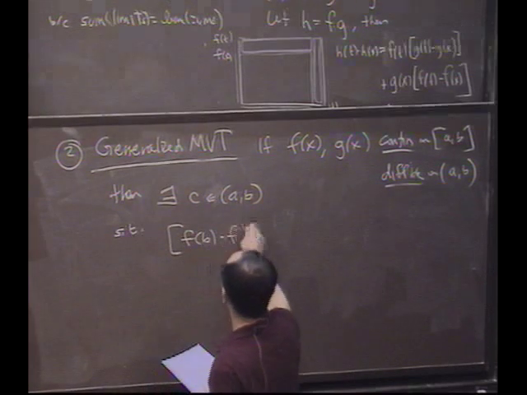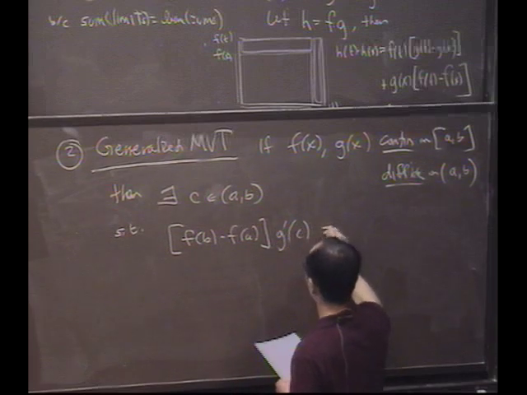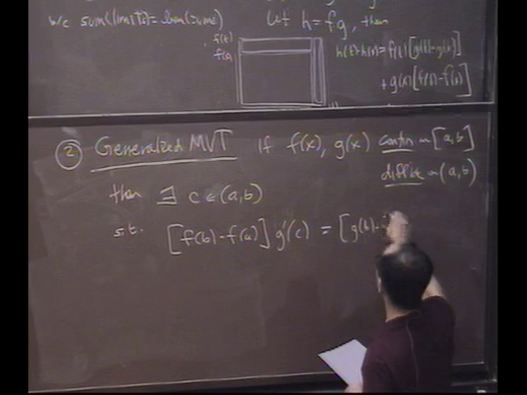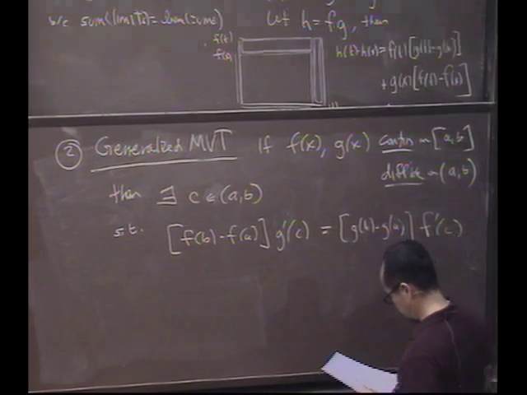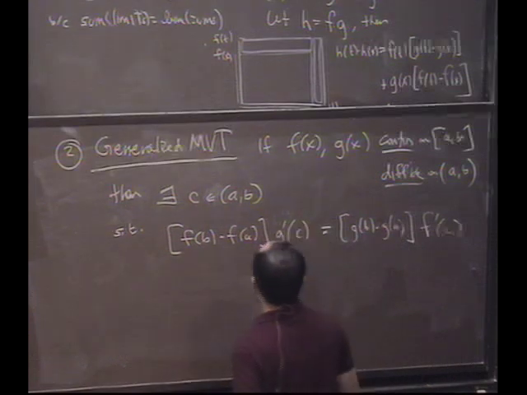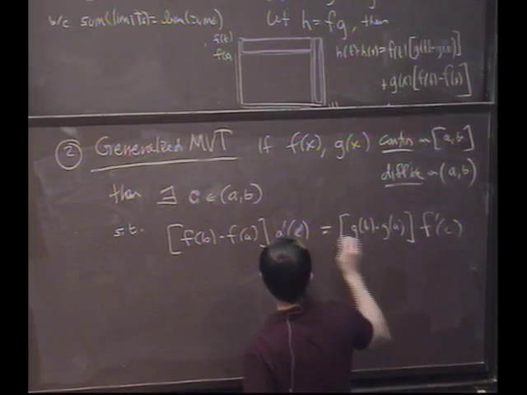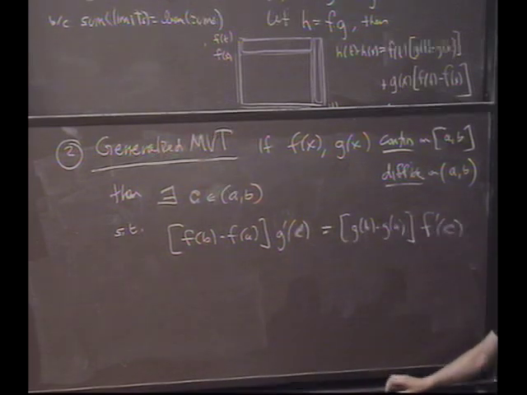F of b minus f of a times g prime of c equals g of b minus g of a times f prime at c. And I want you to notice again that this point C, I don't know anything about except it's in the interval somewhere, appears on both sides of this equation.